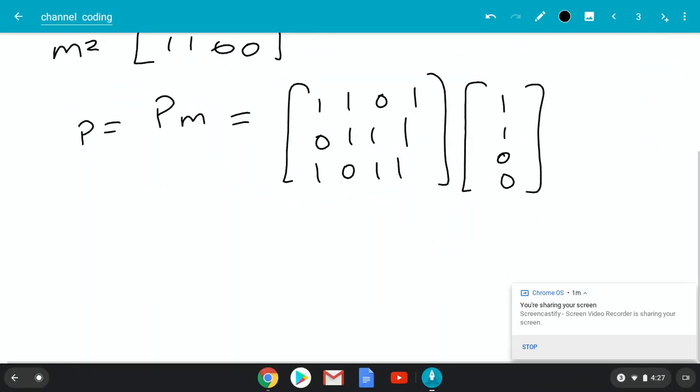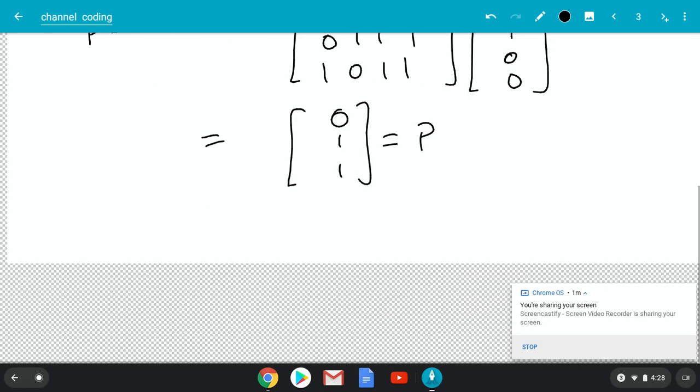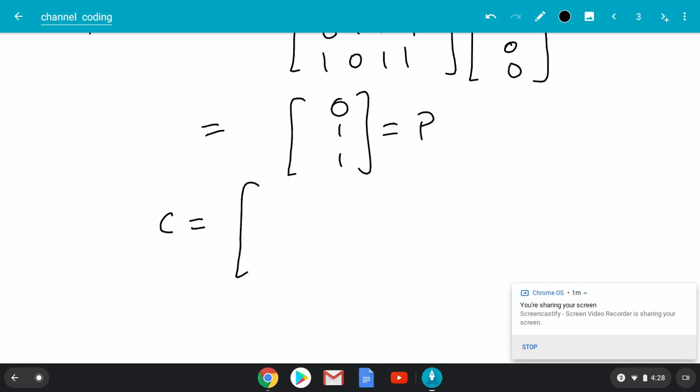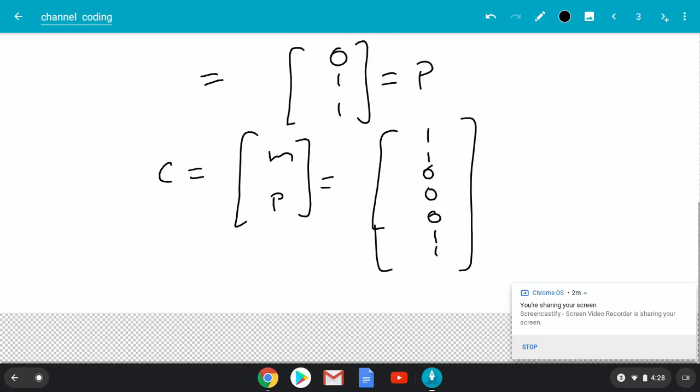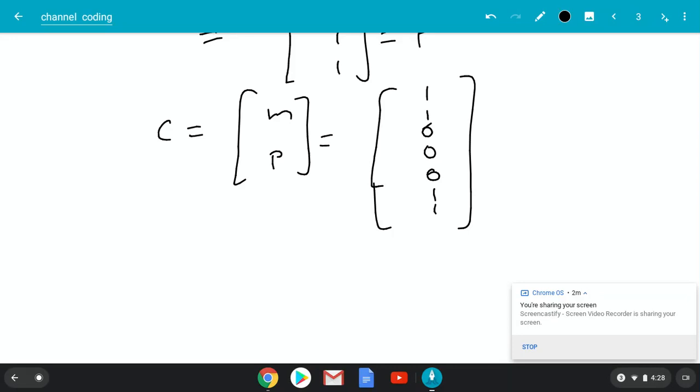Note that this should be equal to the sum of the first two columns, right? So this will be equal to 011. This should be my parity vector, right? So my code vector would be m p, which would be equal to 1100 011. That's my code vector. Okay, so this is what we will transmit over the channel.